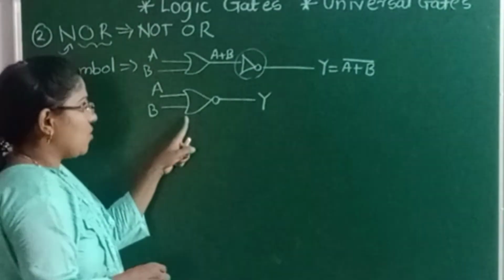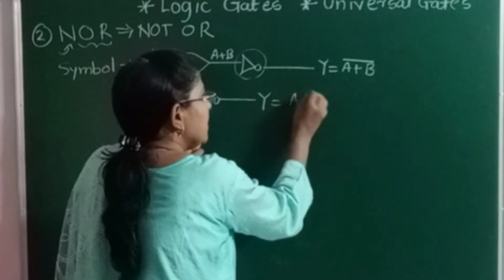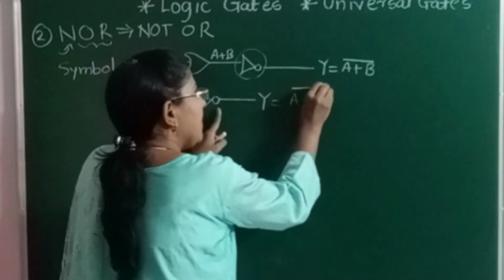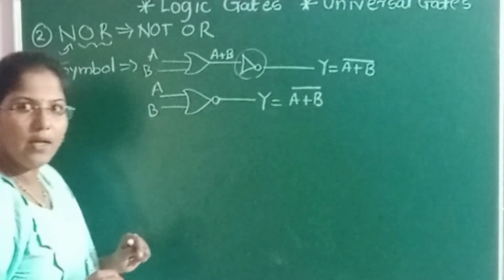So the output of this OR gate is equal to A plus B, and this bubble is going to take its complement, so A plus B whole bar.